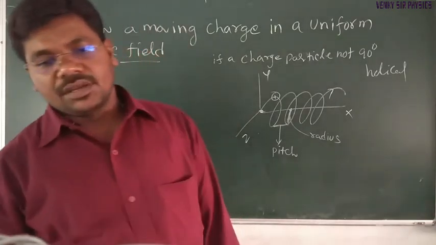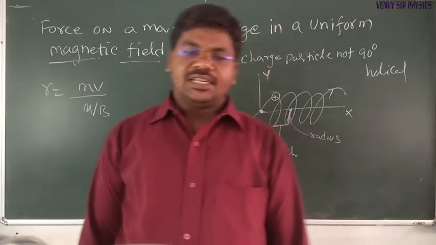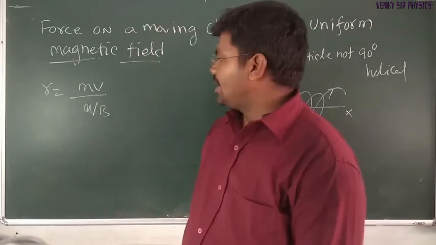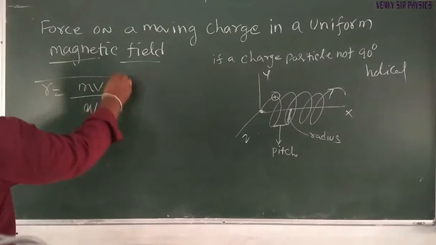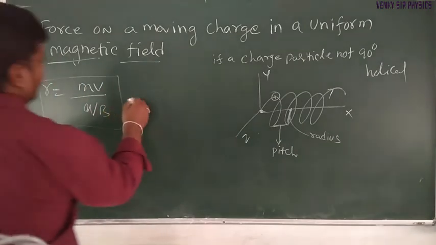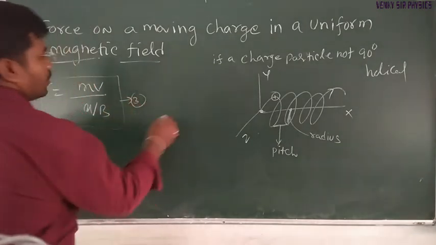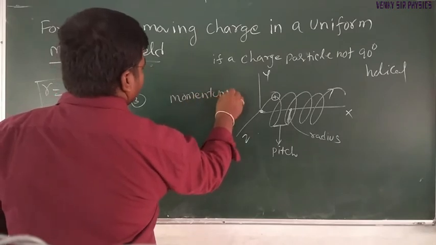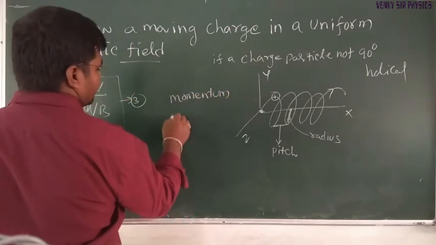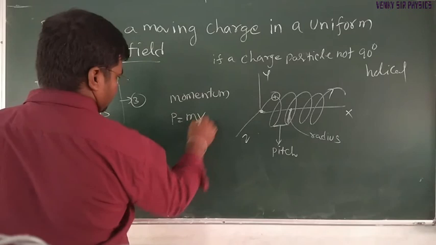Coming to momentum, we have to find momentum from this, equation 3. Momentum means the product of mass and velocity.